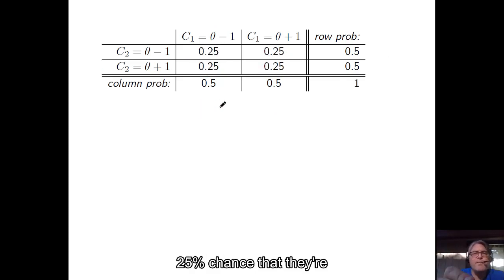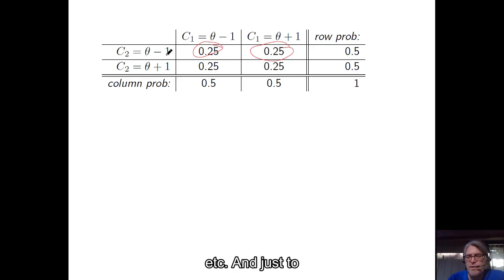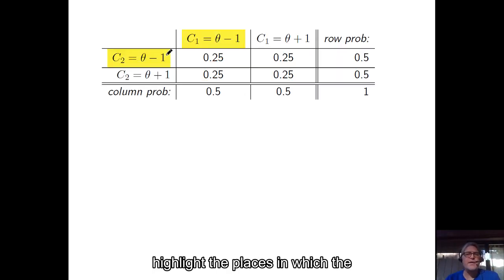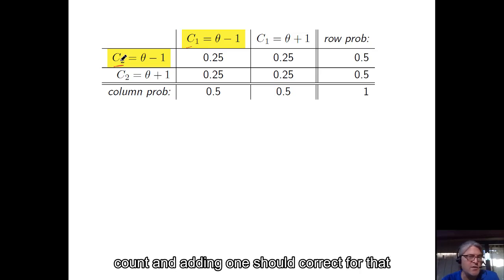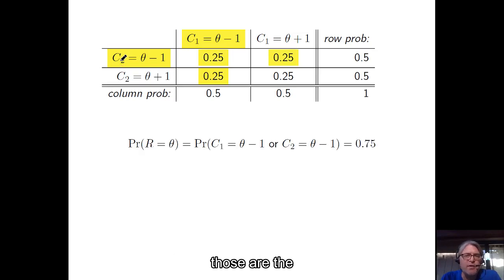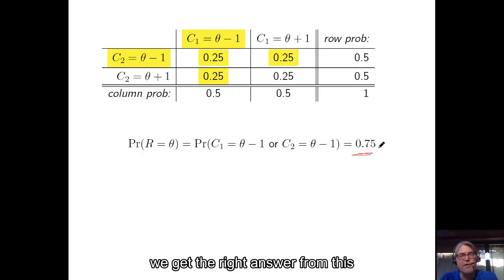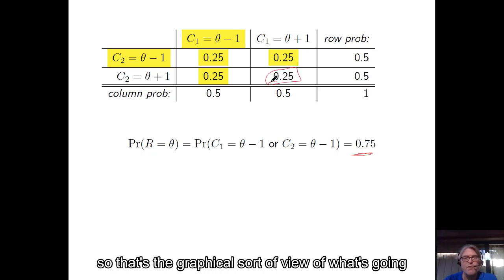So we have a 25% chance that they're both underestimates, 25% chance that the first one's an overestimate and the second one's an underestimate, etc. And just to highlight the places in which the statistician's procedure works, if either count 1 or count 2 is an underestimate, then taking the smaller count and adding 1 should correct for that problem. And so either of those situations should work. And so those are the 0.75 probability that we get the right answer from this procedure. And the other one is the 0.25 probability that we get it wrong. Okay, so that's the graphical view of what's going on here.